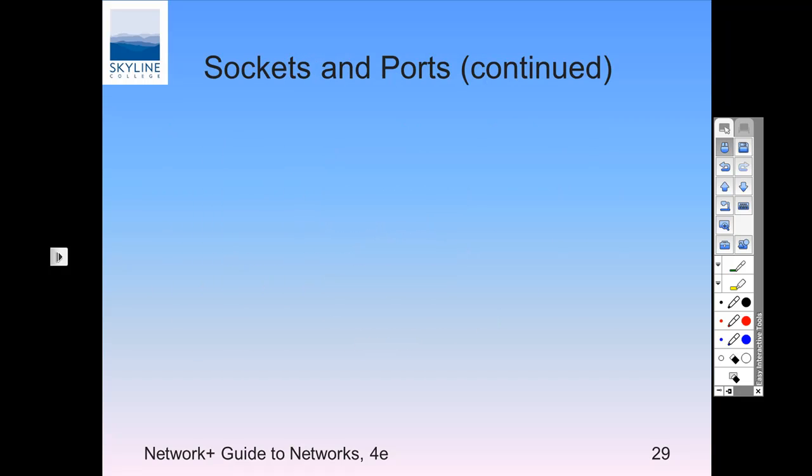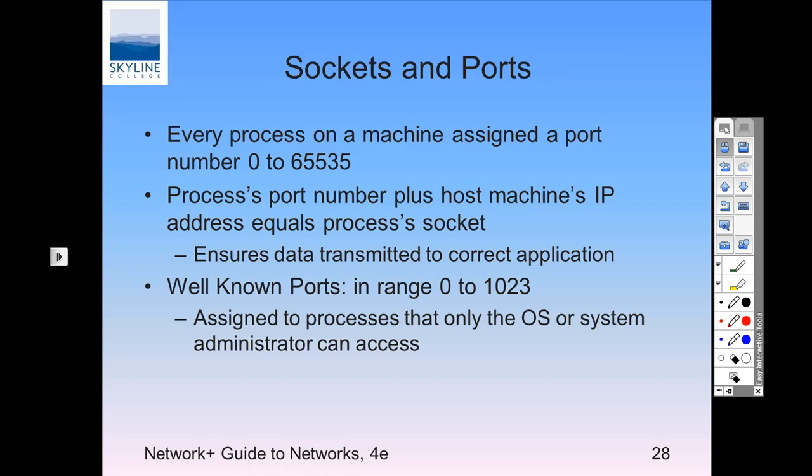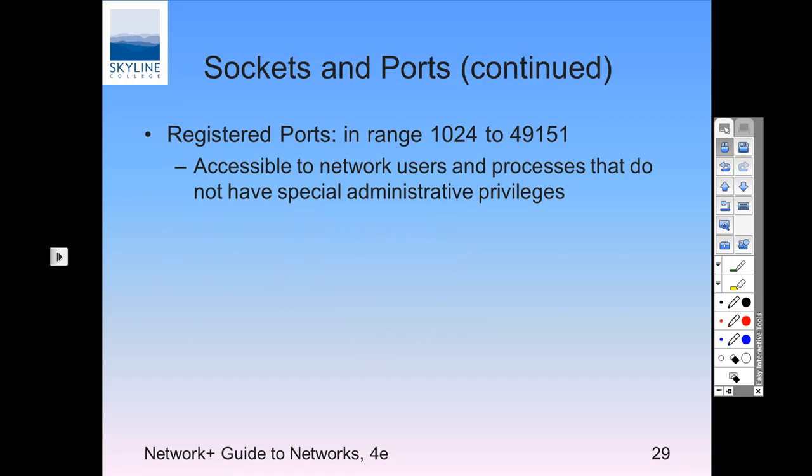Go back here real quick, because I went too quickly there, didn't I? The well-known ports, 0 to 1023, less than 1024. 1024 and above are other. There are other ranges, but the well-known ports, the web servers and those kinds of things, are in the well-known area. Registered ports, 1024 to 49151.